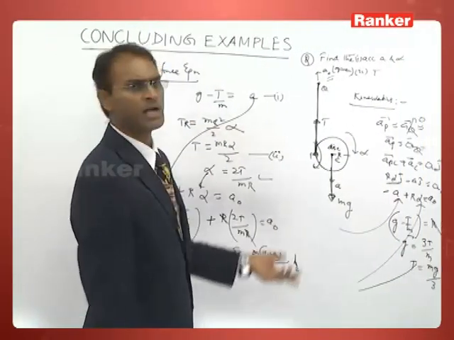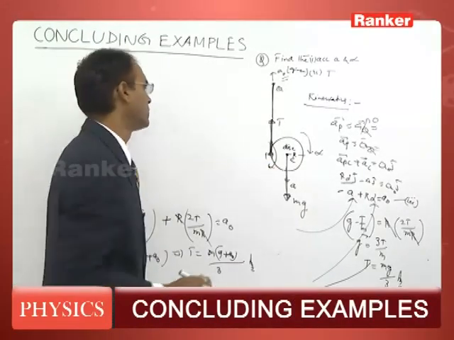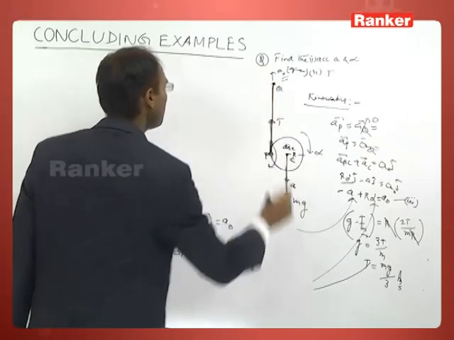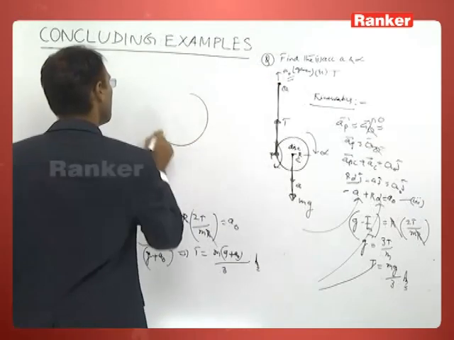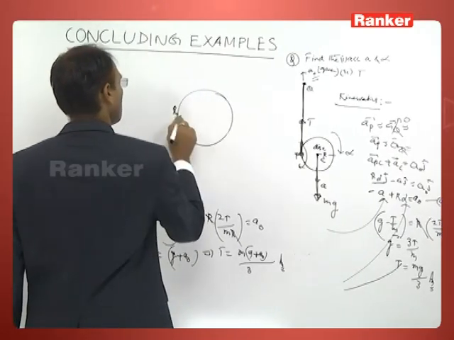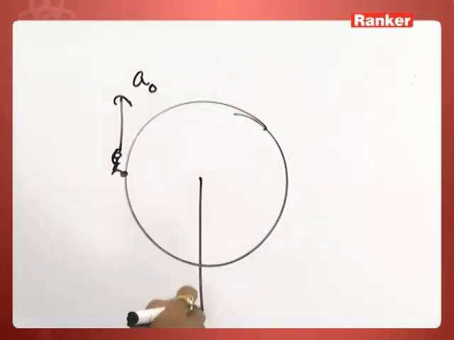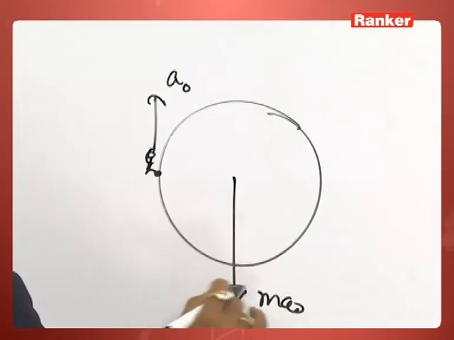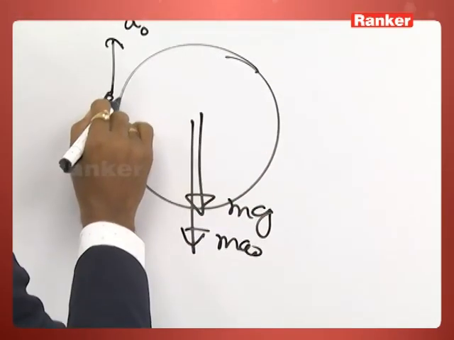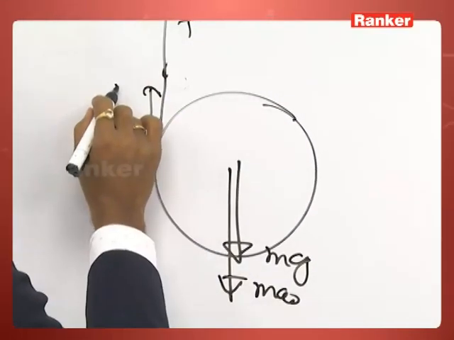There is of course another method called the pseudo force method. You can use the pseudo force method by sitting here. When you are accelerating the A naught up, you have to impose a pseudo force in addition to the real forces, mg and tension.